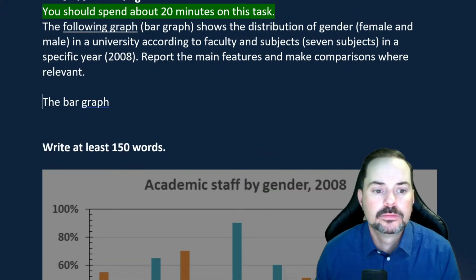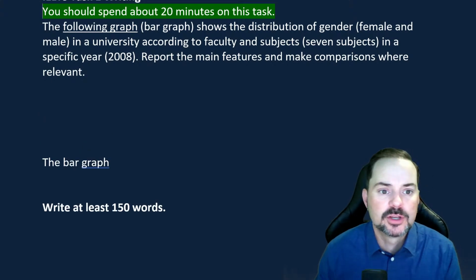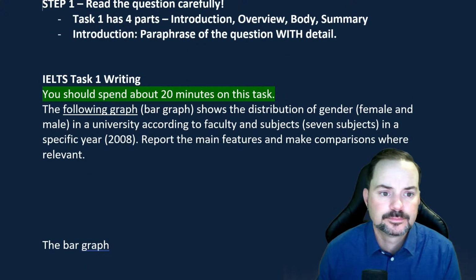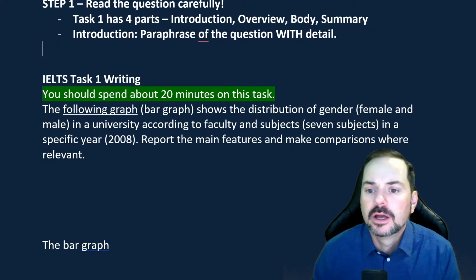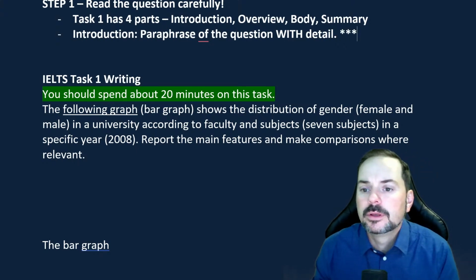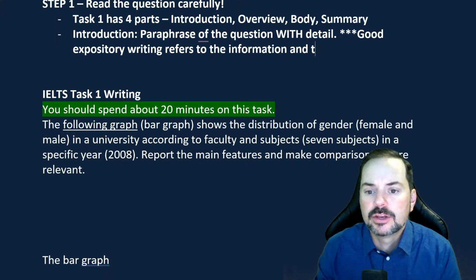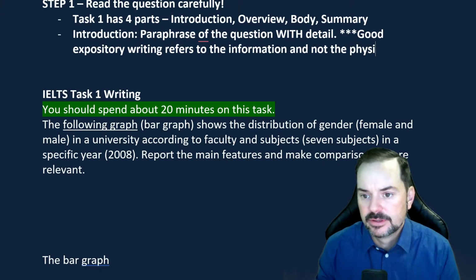So remember this, in expository writing, this is just an added tip here: good expository writing refers to the information and not the physical graph.